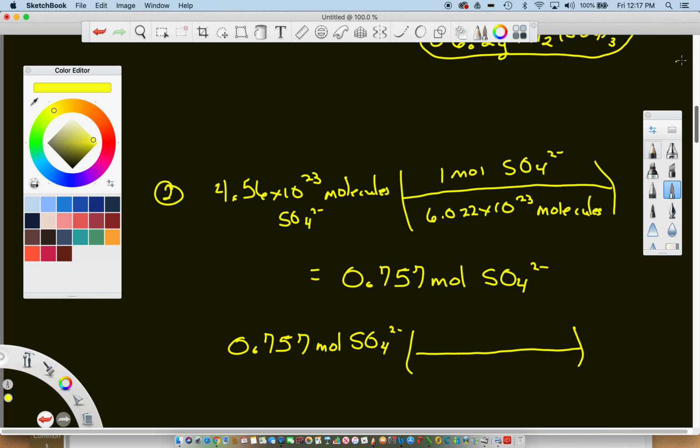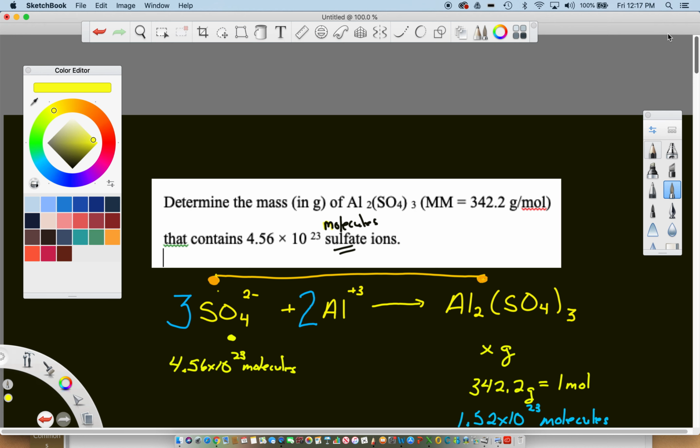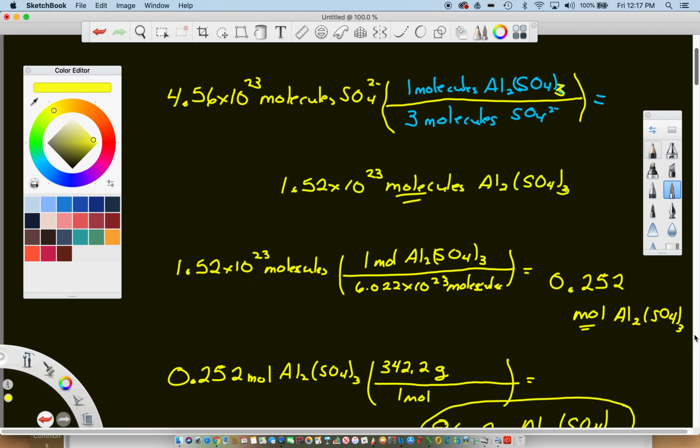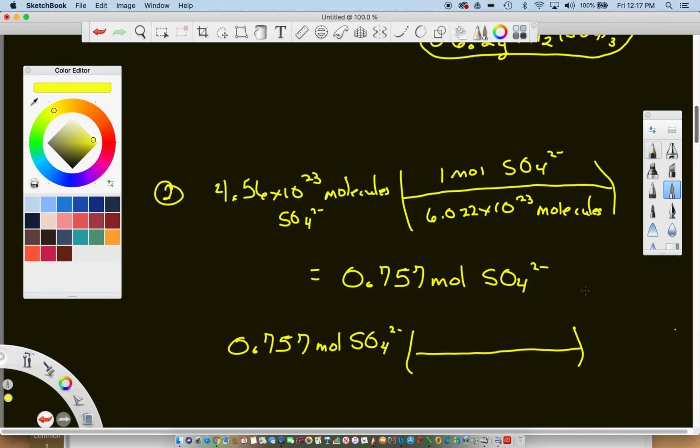We know, let me go back and show. Whoops, too far, but this will work. For every 3 moles of sulfate, 1 mole of aluminum sulfate. So I can put in 3 moles of sulfate, 1 mole aluminum sulfate.